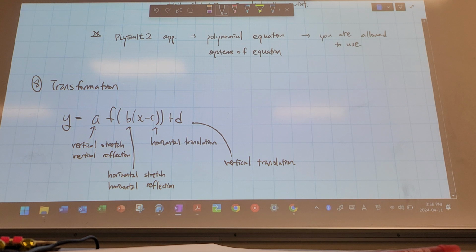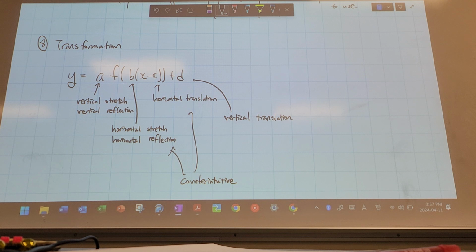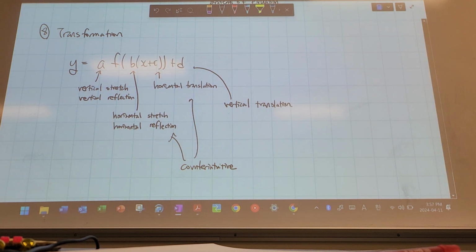A couple of things to note about the horizontal part is that horizontal parts are counterintuitive. What I mean by counterintuitive is that if you have a positive value of C, it feels like we should be moving to the right, but actually it's moving to the left.